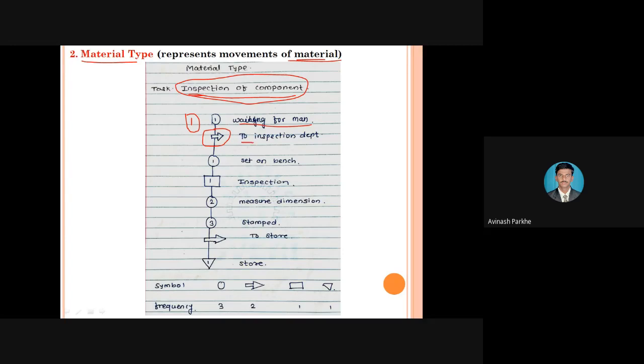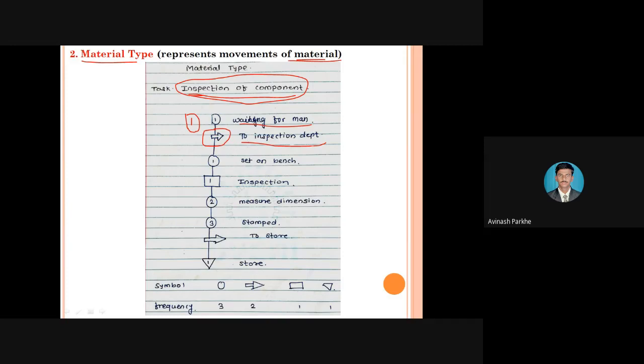transportation. What does it indicate? To the inspection department. Here the movement of the material is taking place. From one location to the inspection department, your material starts moving. The second symbol is represented by transportation.